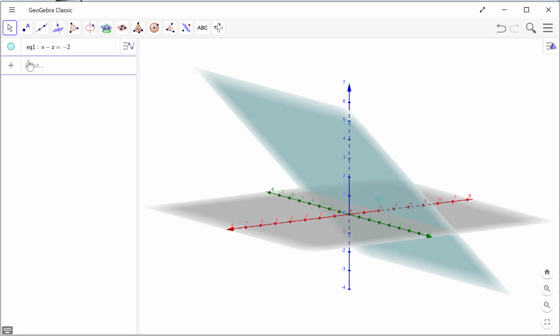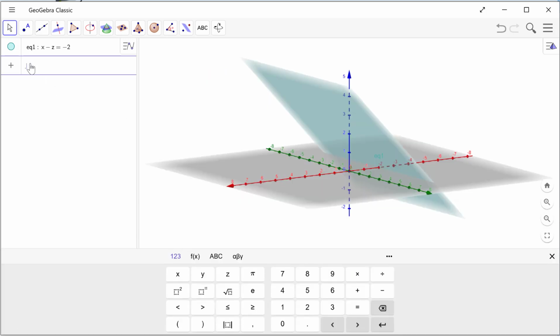Now let's try and graph it using the 3 points. Let's say A equals, so the problem had (1, 0, 3). Then I want B of coordinates (2, 3, 4), and I want C of coordinates (-1, 1, 1).